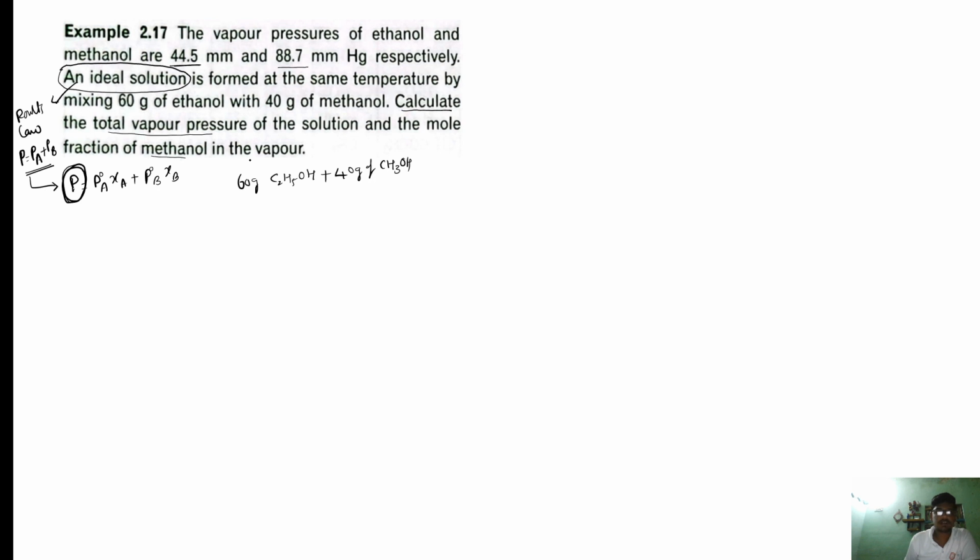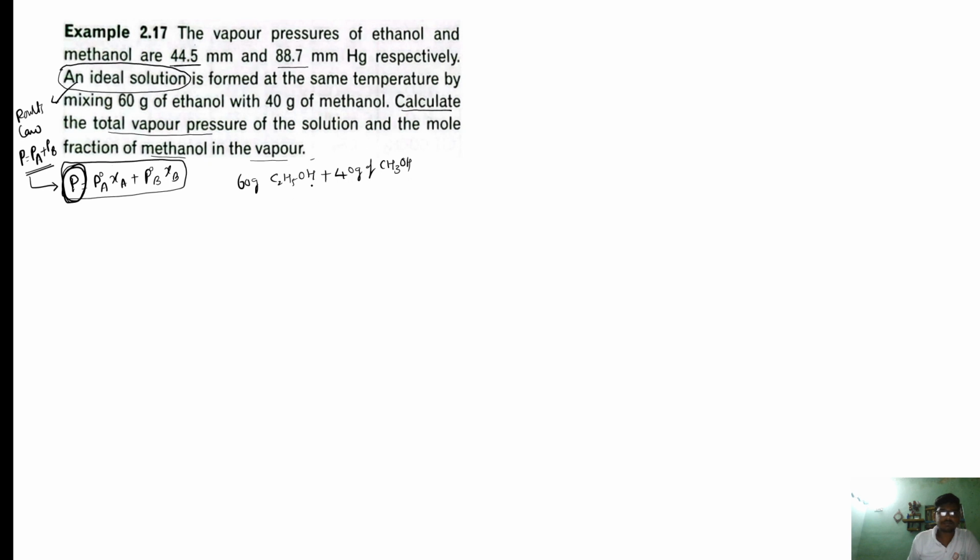and the mole fraction of methanol in the vapor. See, now first calculate this total vapor pressure. Observe this expression properly. To calculate the total vapor pressure, what components do you need? You need this PA0, which is the pure vapor pressure of component A, say methanol. And they have given the vapor pressures of ethanol and methanol separately.